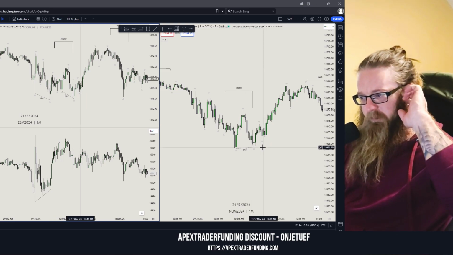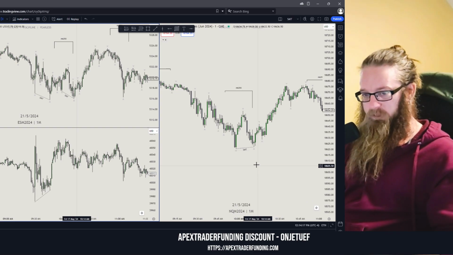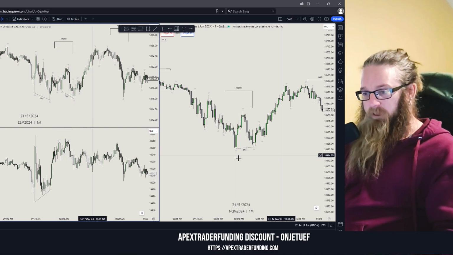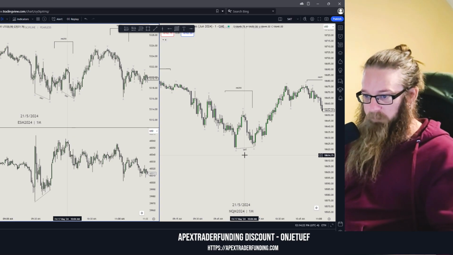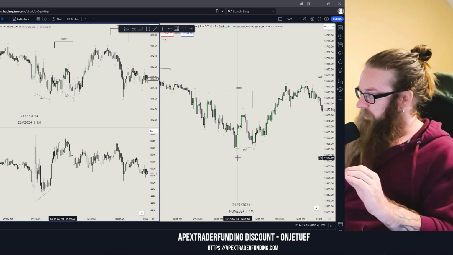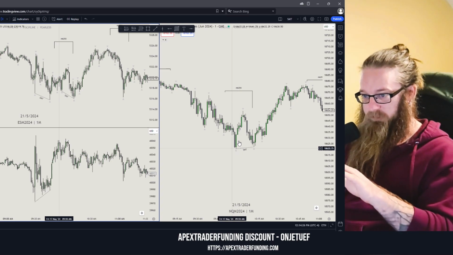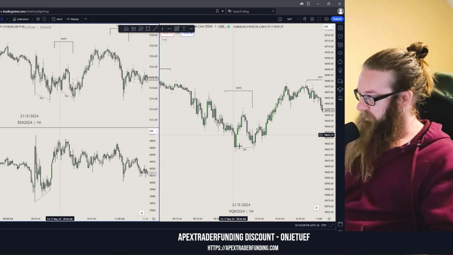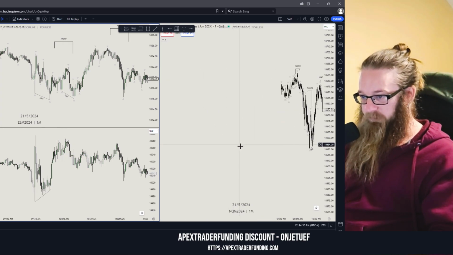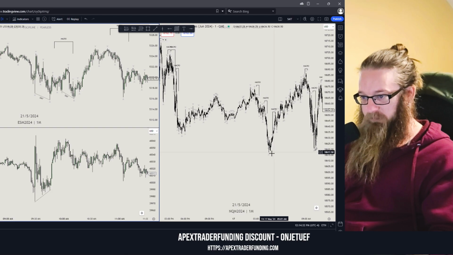actually, you know what? Let me talk about time frames, because I know that's going to be a question. So when I'm not seeing SMT on the 1 minute, the 1 minute is a very zoomed in time frame, right? So when I'm not seeing SMT at the internal lows right here, what I end up doing is zooming out, and I'm like, okay, is there SMT at this one or this one?